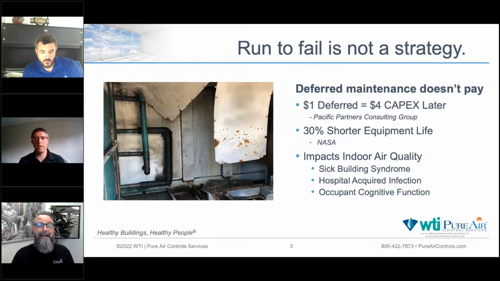Most people think they're saving money this way, but in reality, it's actually costing them more in the long run. And so when we look at that savings, well, I'm saving $1 today. Well, it's going to cost you $4 in the future for what you're putting off, right?